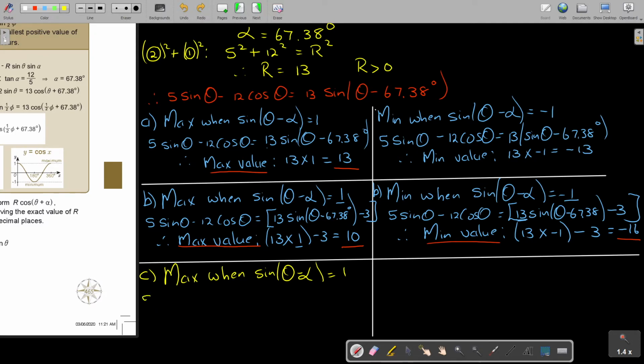It's still going to be 5 sin theta minus 12 cos theta, and it's still going to be 13 sin.